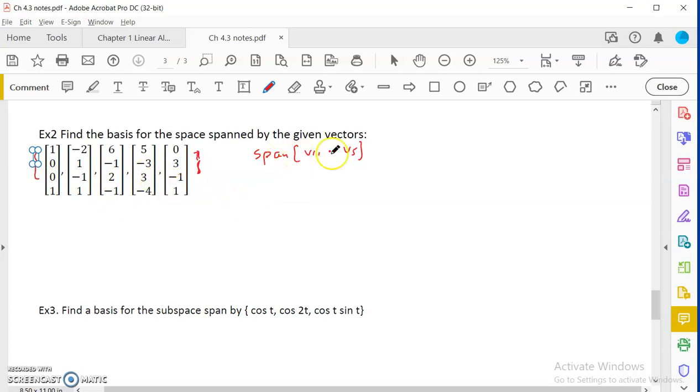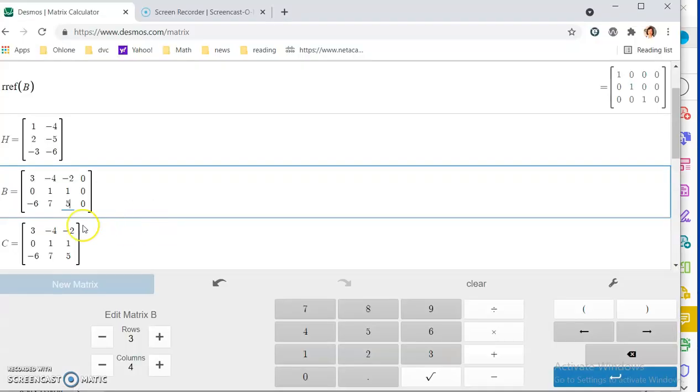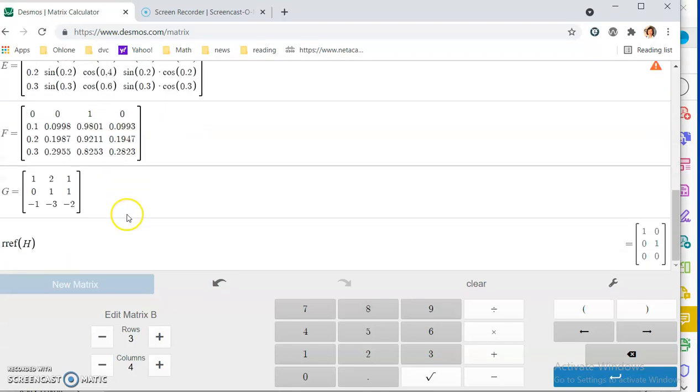Is there any that is redundant? I will need to solve Ax equal to 0 again, because I want to see if they're redundant.